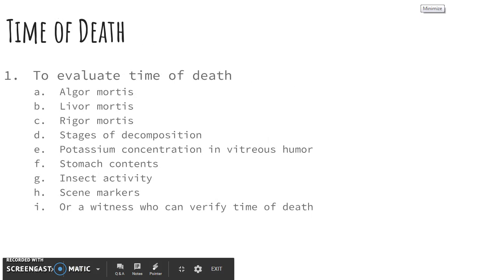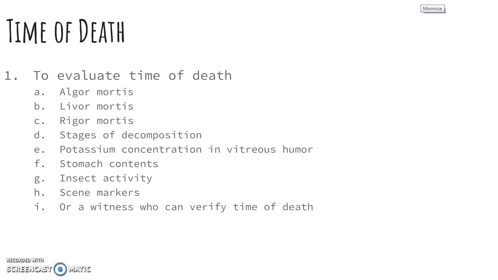So in order to estimate the time of death, we evaluate multiple different factors to help us with that estimation. We look at algor mortis, which is the cooling rate of the body. We look at livor mortis, which is the fixation or the settling of blood.